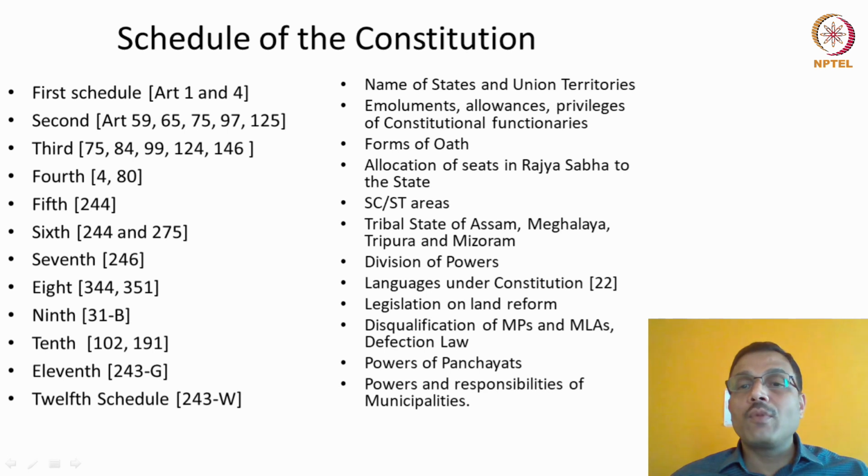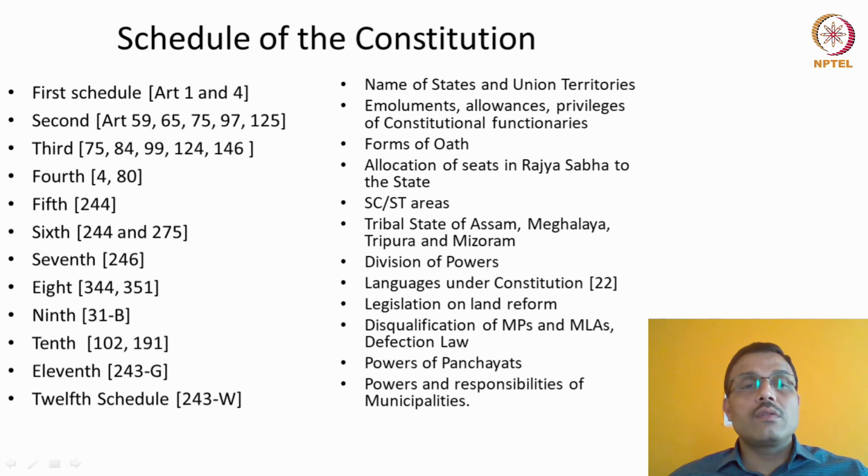For example, the emolument, allowance and privilege of the President of India is mentioned in the second schedule, the governors of different states, the speaker, the deputy speaker of the Lok Sabha, the chairman and the deputy chairman of the Rajya Sabha, the speaker and deputy speaker of the Legislative Assembly, the chairman and deputy chairman of the legislative councils in the state, the judges of the Supreme Court, High Court, and finally the Comptroller and Auditor General of India. All these constitutional functionaries' allowances, privileges, and emolument are mentioned in the second schedule.